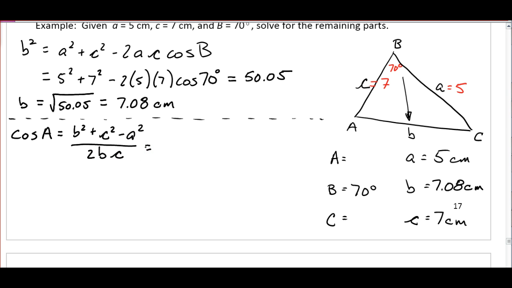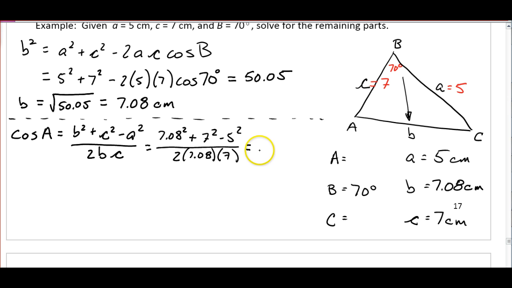Alright, and let's substitute in all the sides. I've got 7.08 squared plus 7 squared minus 5 squared over 2 times 7.08 times 7. And be careful when you substitute this in.